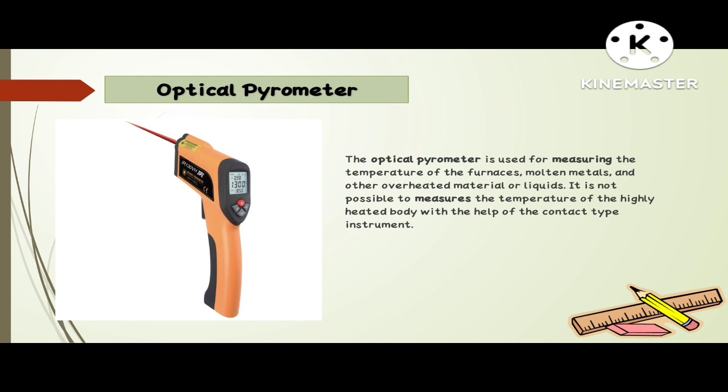Optical pyrometers operate within the visible spectrum to measure temperatures typically in the range from 700 Celsius to 4000 Celsius by comparing the photometric brightness of the heated object against the brightness of a standard source, such as an incandescent filament.